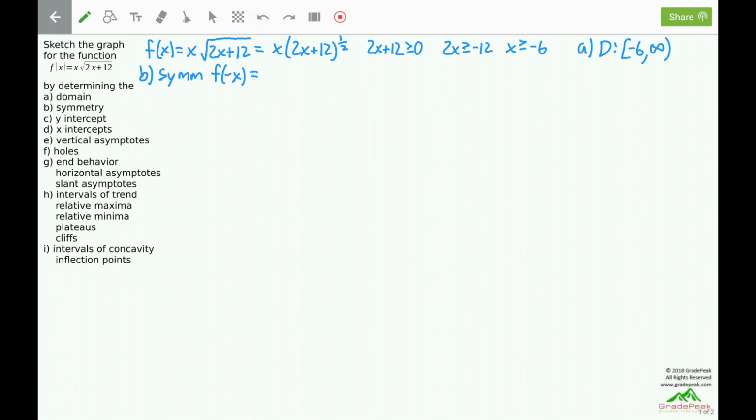f of -x is -x times the square root of 2 times -x plus 12, which is -x times the square root of 2 times -x is -2x, and then plus 12.